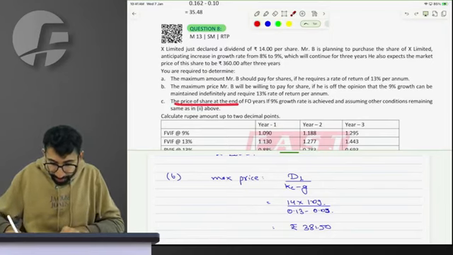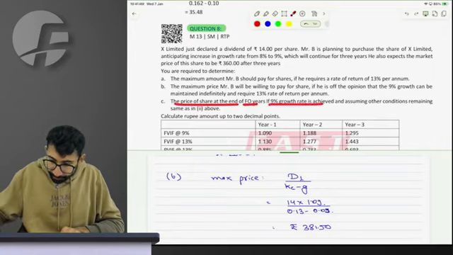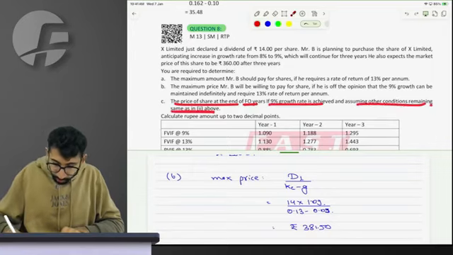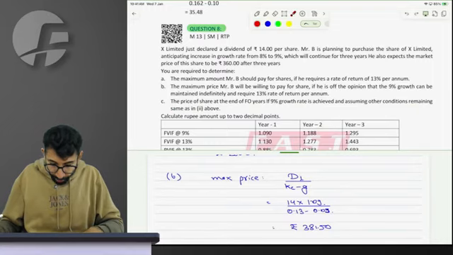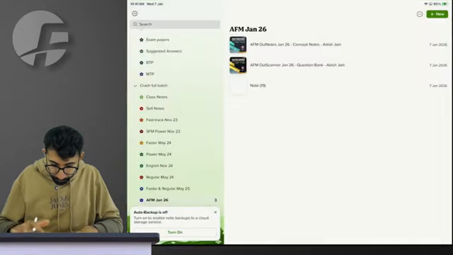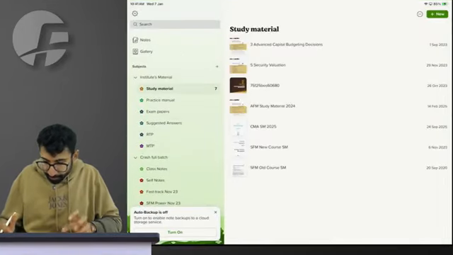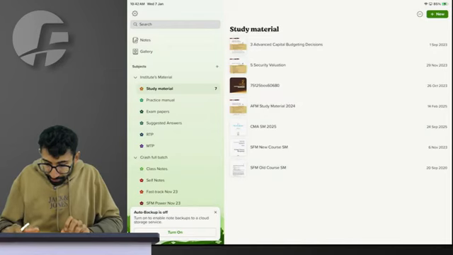Price of the share at the end of third year. One second. There's some misprinting in the scanner. Please let me go to it.